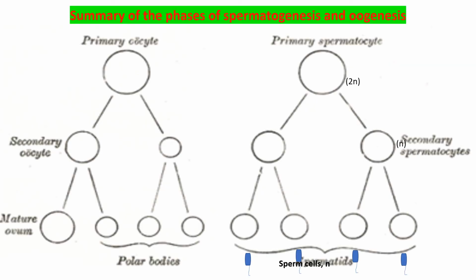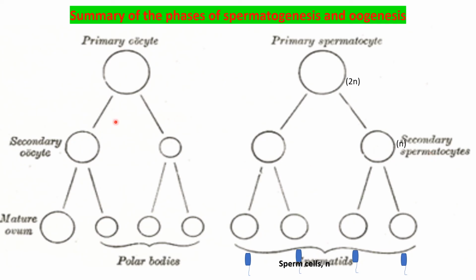So this is a summary of the phases of spermatogenesis and oogenesis. Starting at the diploid state, we have the primary oocytes and the primary spermatocytes. By the time they get to the haploid state, we have the secondary oocyte and the secondary spermatocytes.